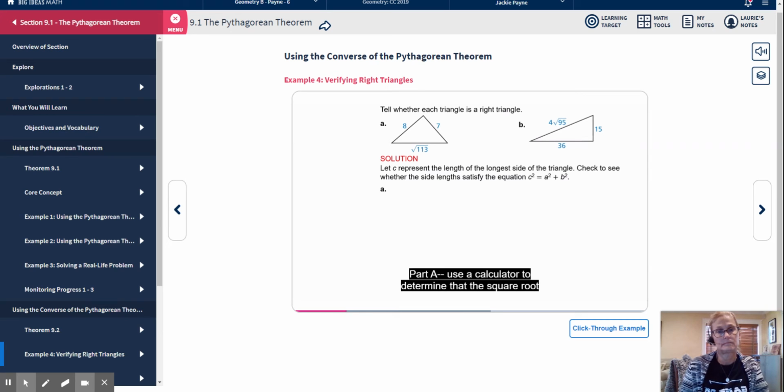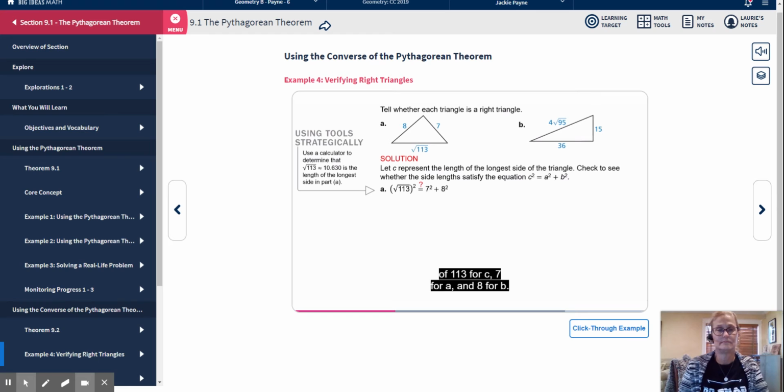Part A. Use a calculator to determine that the square root of 113, which is approximately equal to 10.630, is the length of the longest side in Part A. So, substitute the square root of 113 for c, 7 for a, and 8 for b.